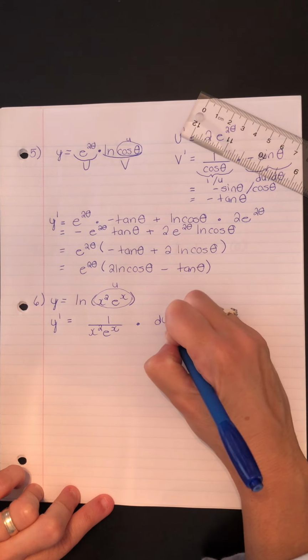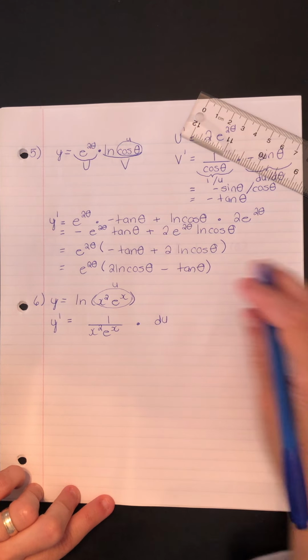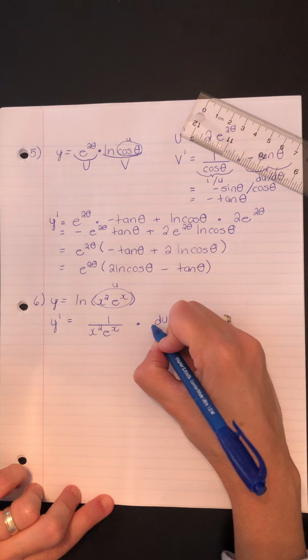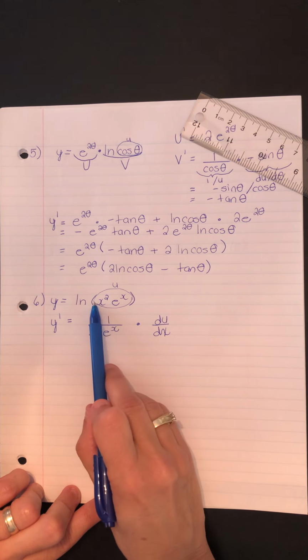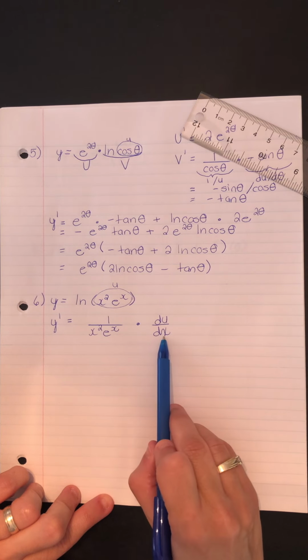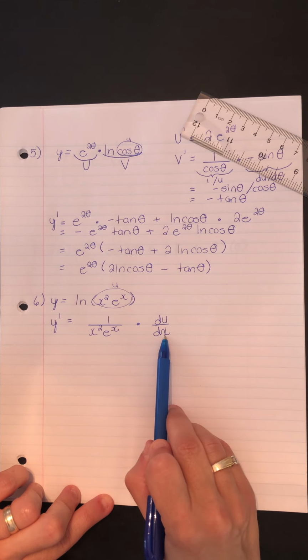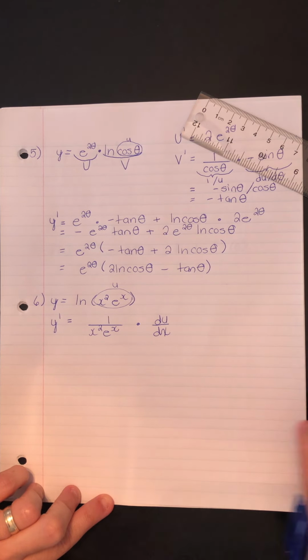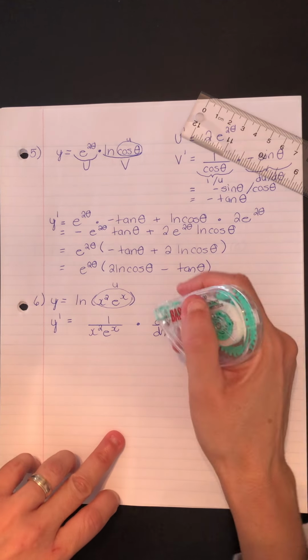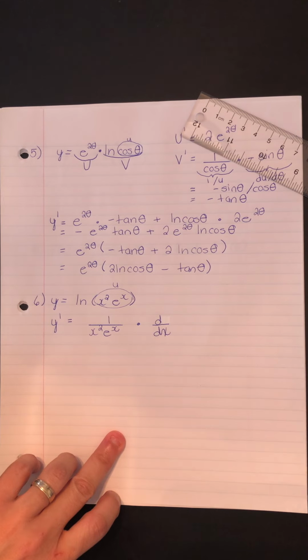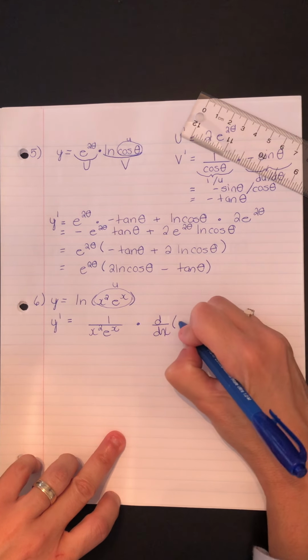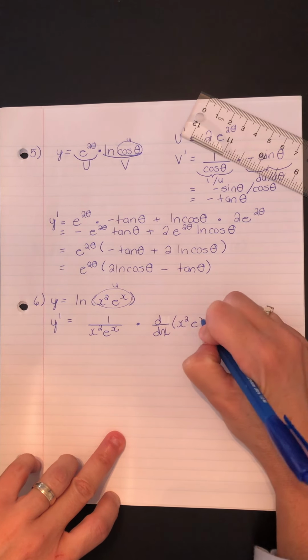So I'm going to just write here that here's where we would be multiplying by the derivative of little u. In other words, the derivative of x squared e to the x would be here. Okay, so another way to write that, if you don't want to write it like this, I'm just going to show you some options. Right here, we need the derivative of this.